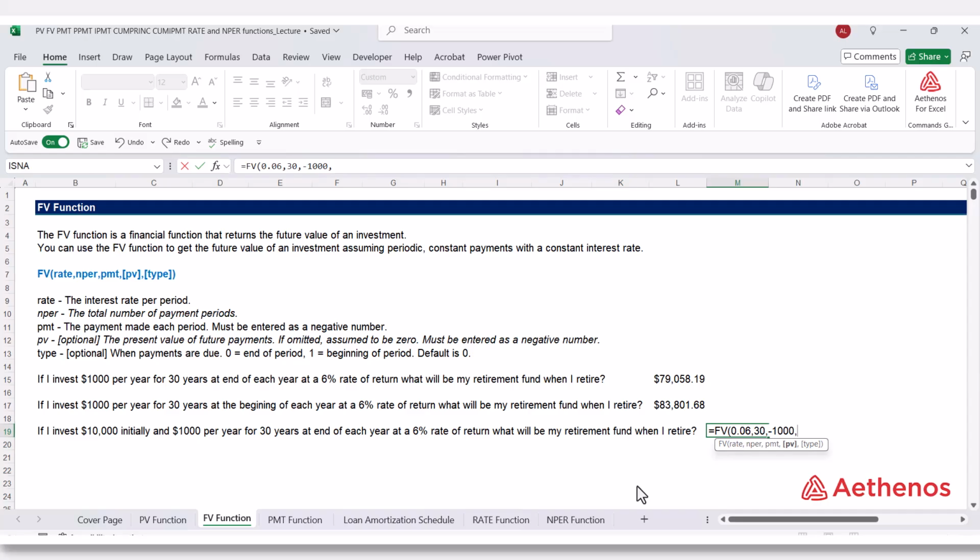And here we have a present value because we are initially investing 10,000. We put it in as negative 10,000 because money is going out. Cash convention is negative then. And then it's end of the period, so you put 0 and enter. So here we get 136,493 because we started off with an initial 10,000 investment, which compounds for 30 years at 6%.